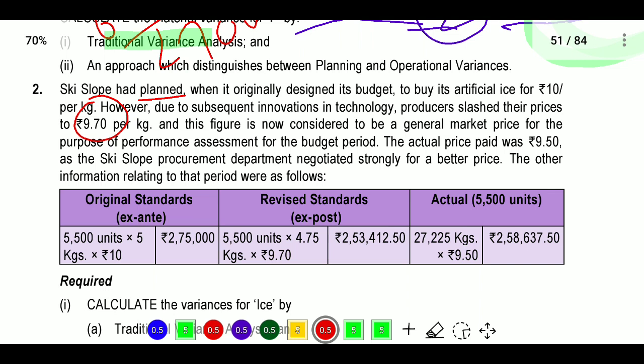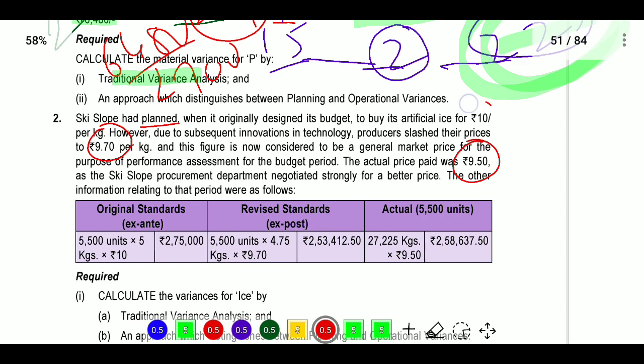The actual price paid was 9.5. This is the actual price. So this is the budgeted price, this is the revised budgeted price, and this is the actual price. Up to this, don't be confused.